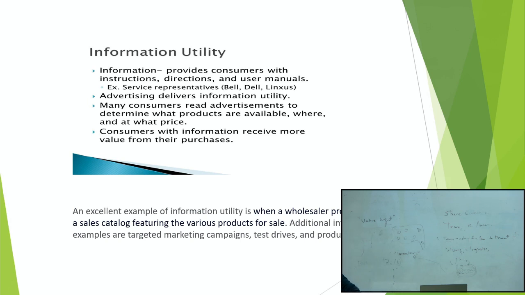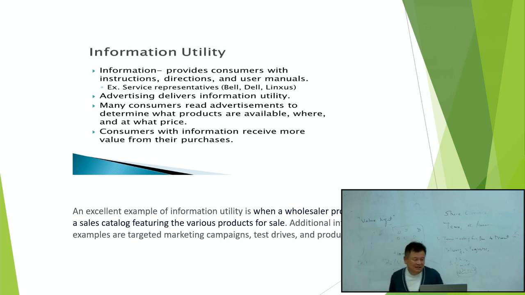So utility is also related to information. Information provides consumers with instructions, directions, and user manuals. For example, service representatives, Dell, Linux, or something, and Google. This is information utility.